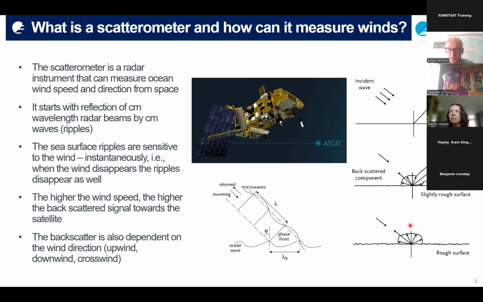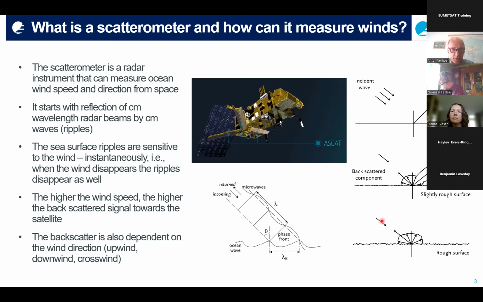And if the ocean is very rough with a high wind, then even more of the microwave radiation is backscattered, so we get an even higher backscatter signal. So it's proportional to the wind speed, what we see back in the radar, but it's not only dependent on the wind speed, but also on the wind direction.